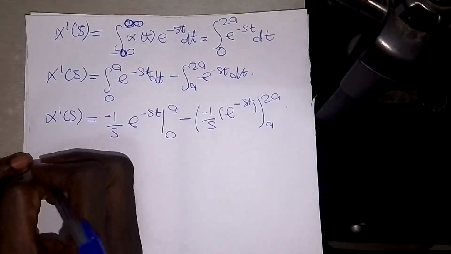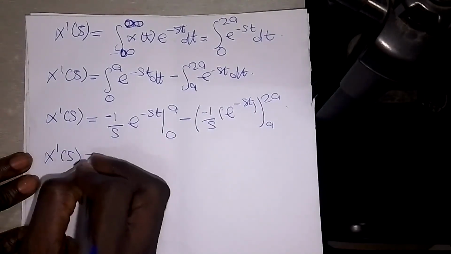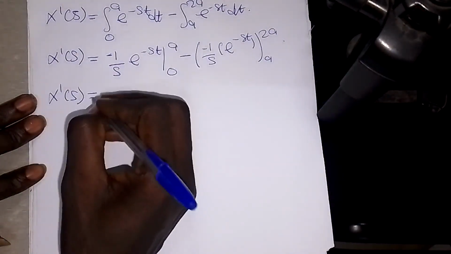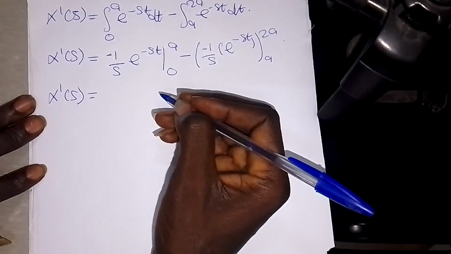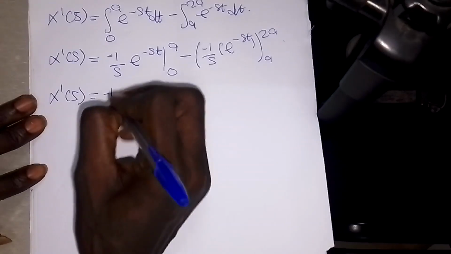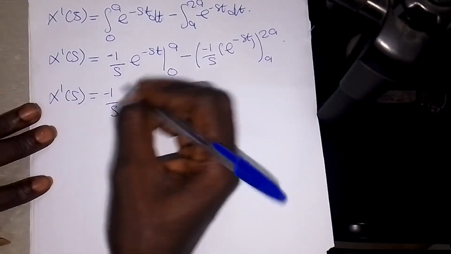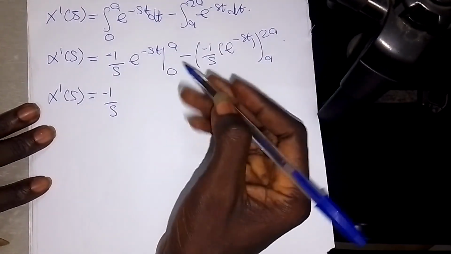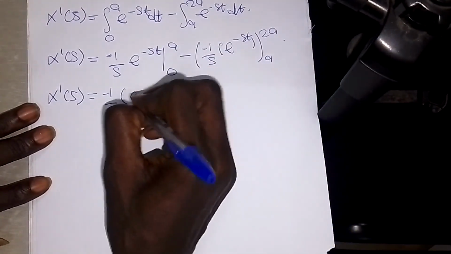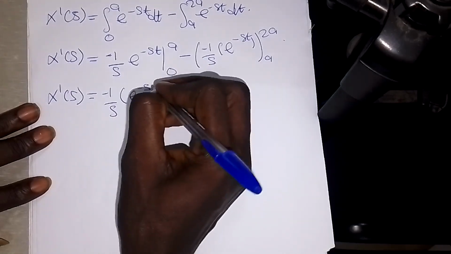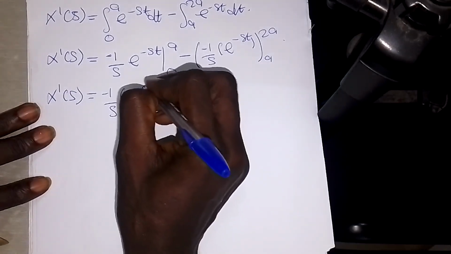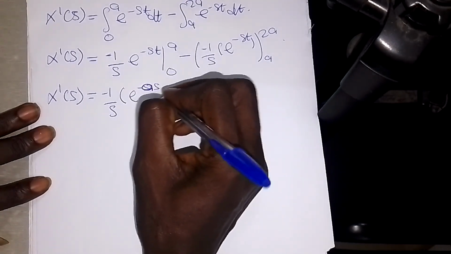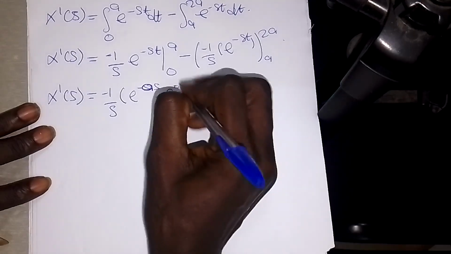So if I say this one, then my X prime of s is going to be equal to, if I introduce my limits, minus 1 over s. Here is a and here 0. Okay, so I can have e to the minus as, minus e to the power 0.